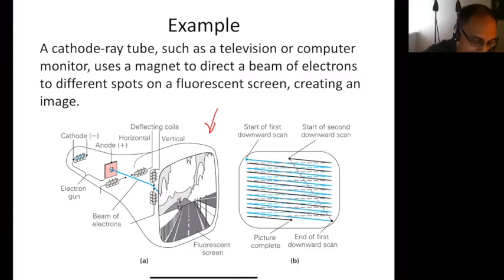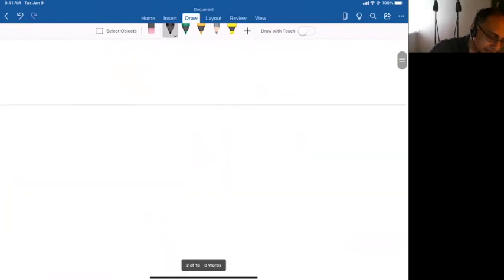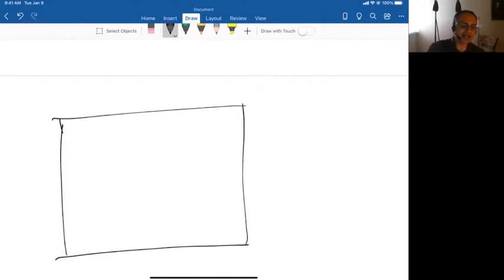So the way these work is that you have, if this is the screen, there are phosphors on the screen, right? And so when a phosphor is hit by an electron, it starts glowing, right? So the screen has very, very small regions which have phosphors on them. So each square represents a region with a phosphor on it.